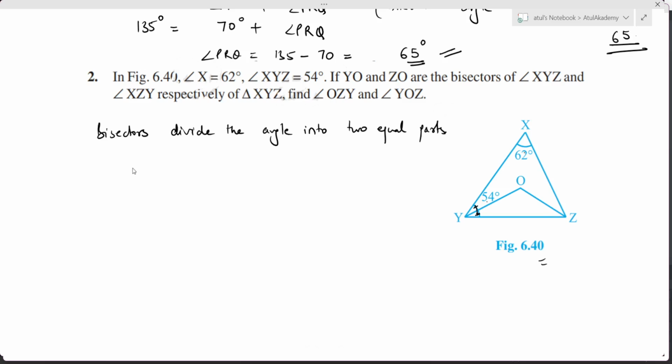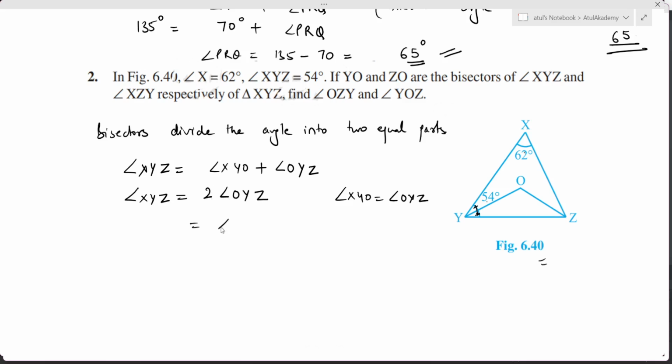So I can say that XYZ is equal to XYO plus OYZ, and these two are equal. XYO is equal to OYZ. So I can say it as twice of OYZ. So this OYZ is equal to 54 degrees by 2, which is 27 degrees. So OYZ is 27 degrees I have.